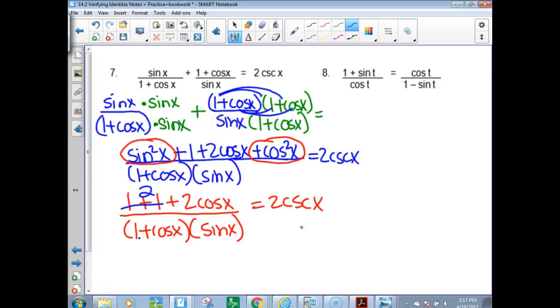Cosecant is 1 over the sine. 2 plus 2 cosine x, I could factor out a 2. 2 divided by 2 is 1, so I have 2 times 1 plus cosine x.